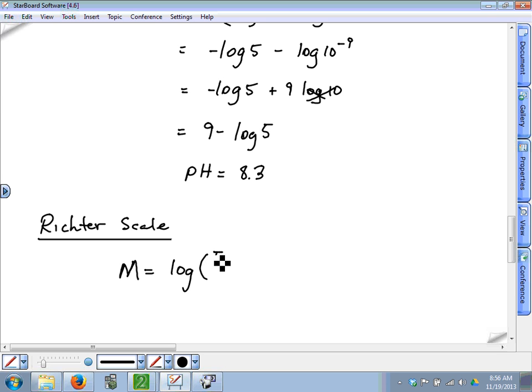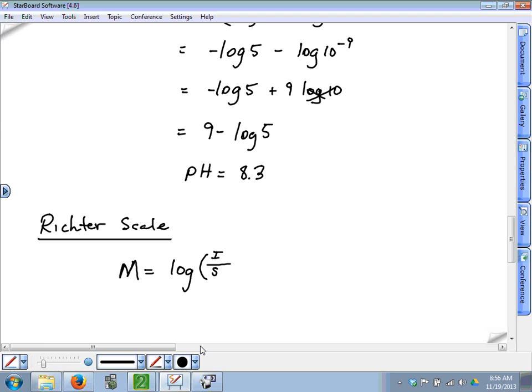So the I stands for the intensity of the earthquake that they're measuring. And then you divide that by what's called S. S is the intensity of a quake that's barely noticeable on a seismograph. Some earthquakes are so small that they don't show up on a seismograph. So S stands for the intensity of a standard earthquake.